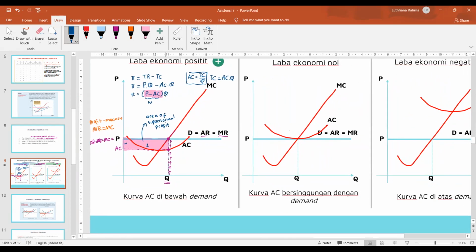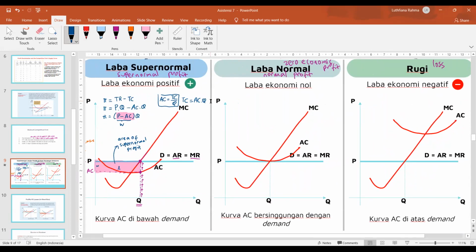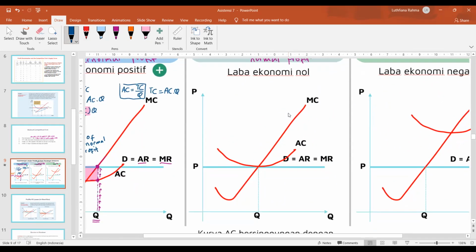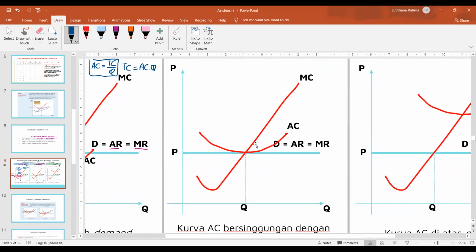It could get a positive economic profit. Meanwhile, the firm could also experience a zero economic profit, where the average cost intersects the price curve. Yeah, here the average cost intersects with the price curve, or with the demand curve.